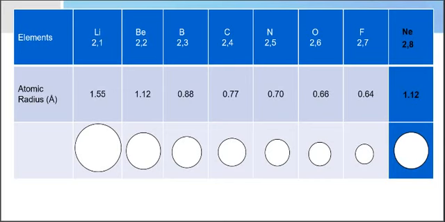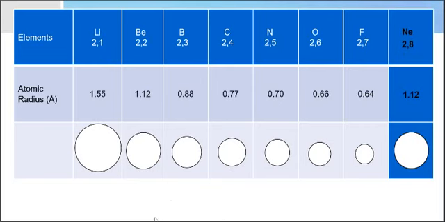So let us take an example of the second period. The second period has the same number of shells, all of them have two shells. As you can see, the electronic configuration of all the elements: lithium 2,1, beryllium 2,2, boron 2,3, carbon 2,4, nitrogen 2,5, oxygen 2,6, fluorine 2,7, and neon 2,8.